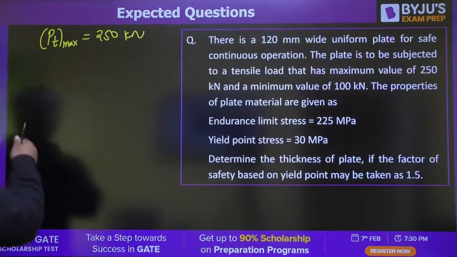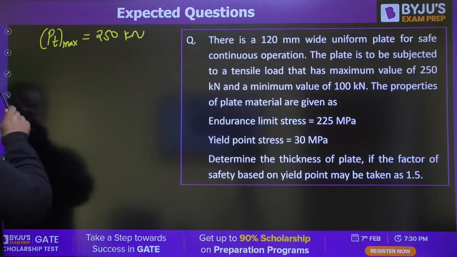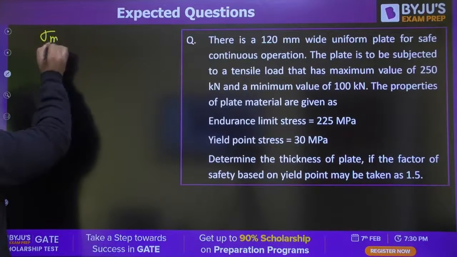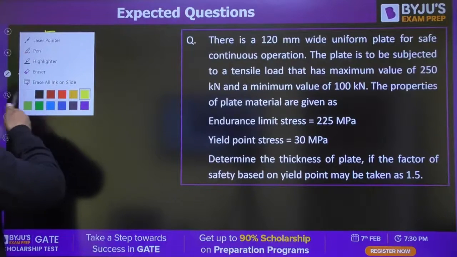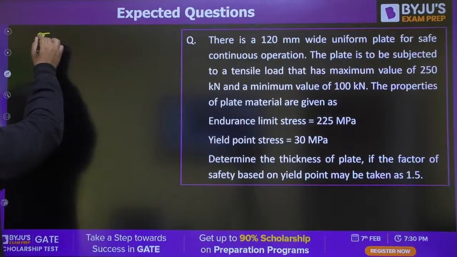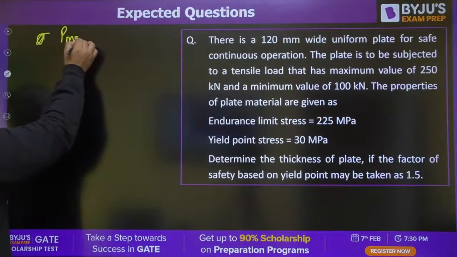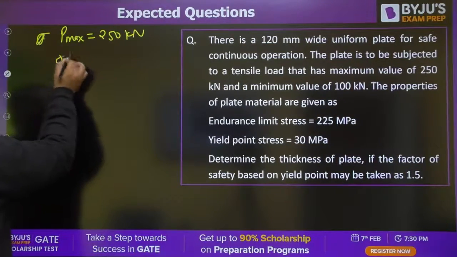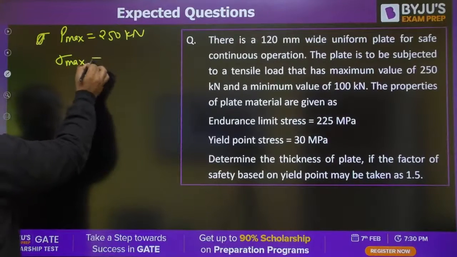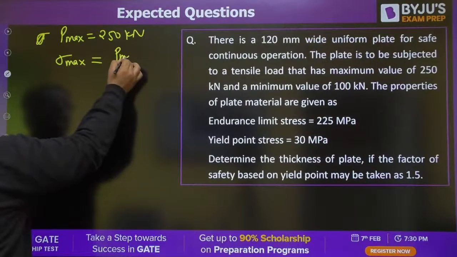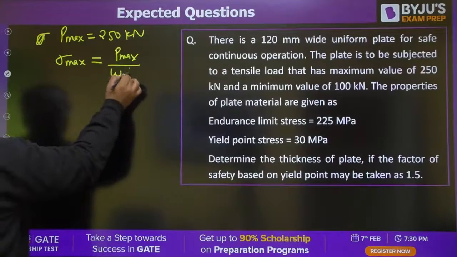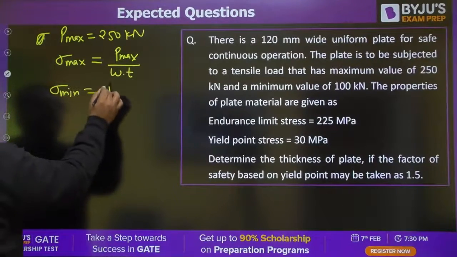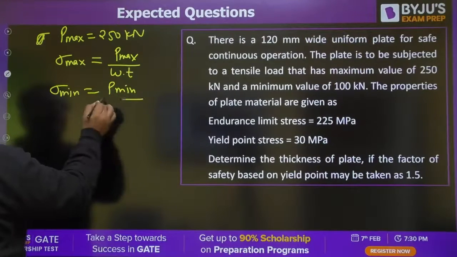They have given you the maximum and minimum values. You can find sigma max as P max by width into thickness, and sigma minimum as P minimum upon W T.